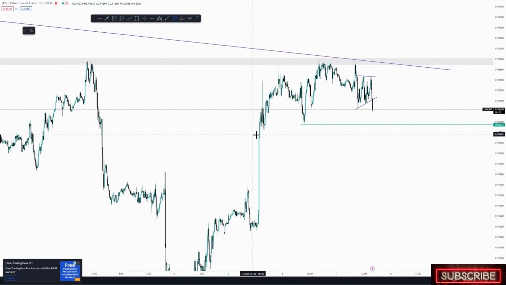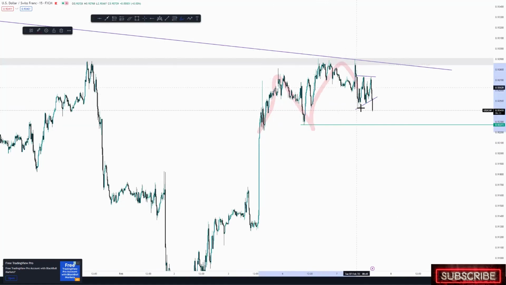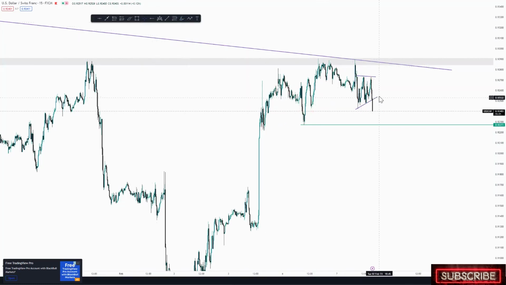And you can also see that this is a head and shoulder pattern, right? So yeah, guys, this is what I think will happen on USDCHF. And if USDCHF becomes a sell, EURUSD is going to be a buy, right? So let's move on.